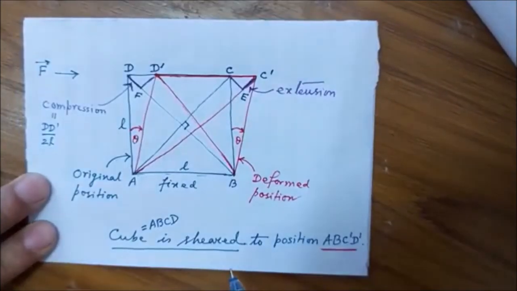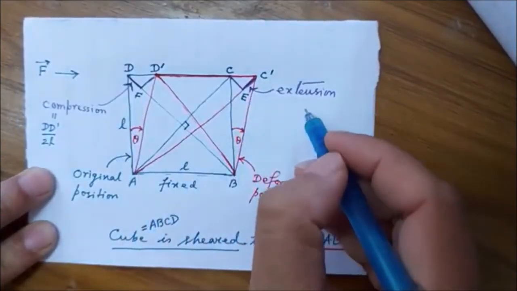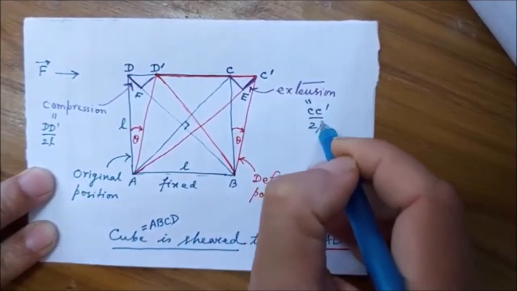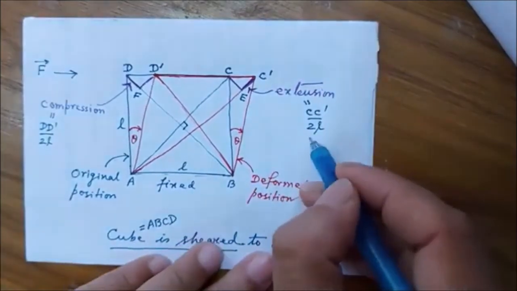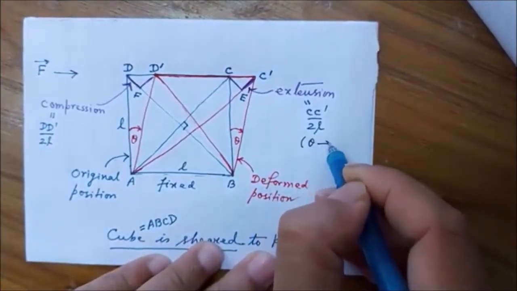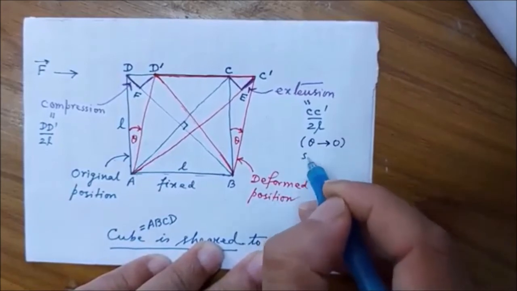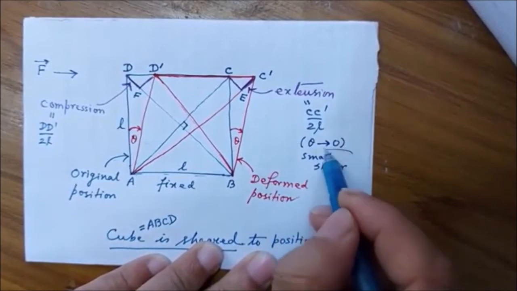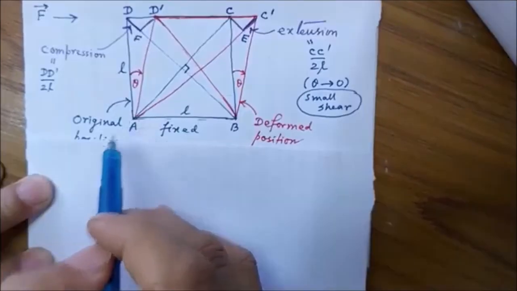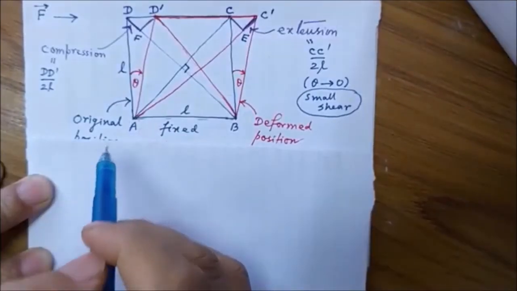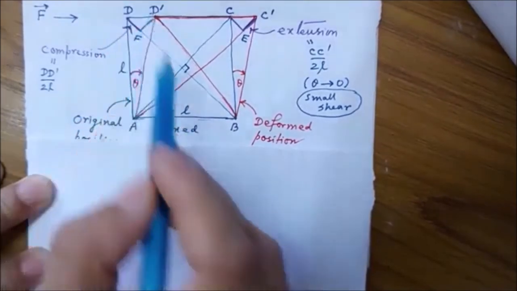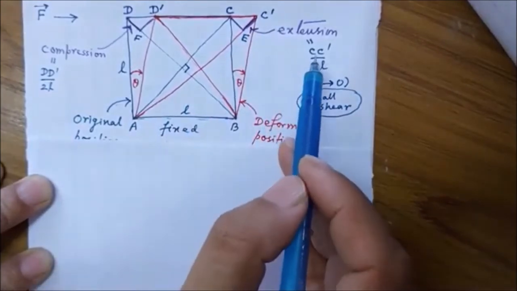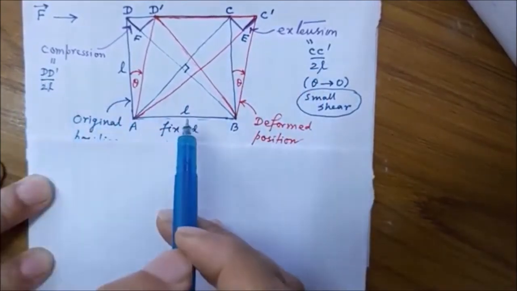So let us go back to the initial diagram, and the extension that we proved is CC prime by twice L. Of course, under the approximation that theta is very, very small. So it is a small shear case. We now focus our attention to these two triangles ADD prime and BCC prime, because we have to show that CC prime and DD prime are equal.